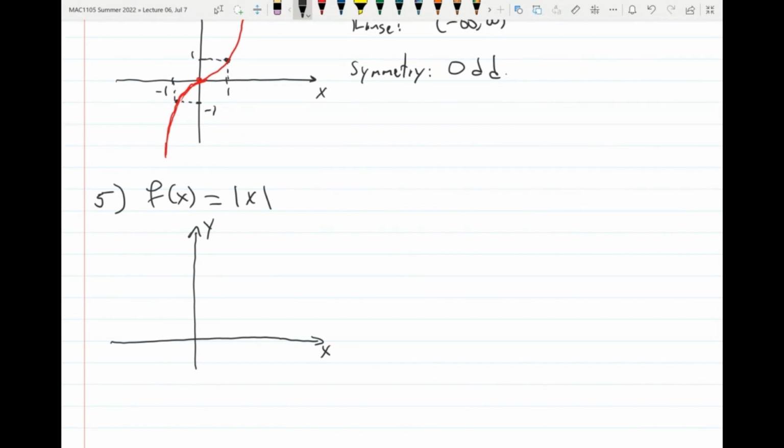When x is negative, this is the function y equals negative x. So it's this piece of the line of negative x. You put them together, and then you get your V shape. We're going to address this later when we talk about piecewise functions. This is, I guess, our most basic example of a piecewise function, a function defined by pieces.